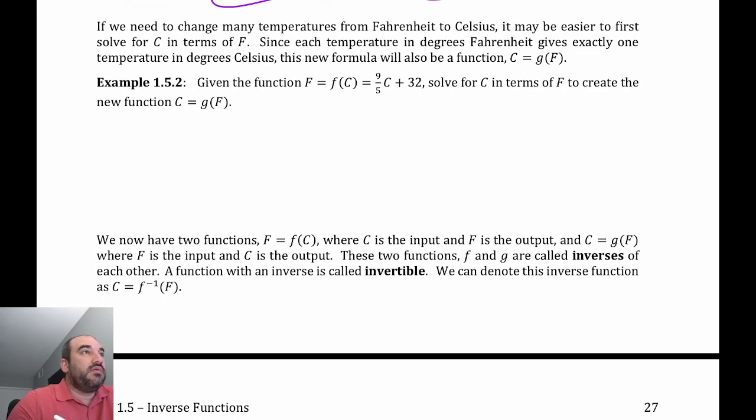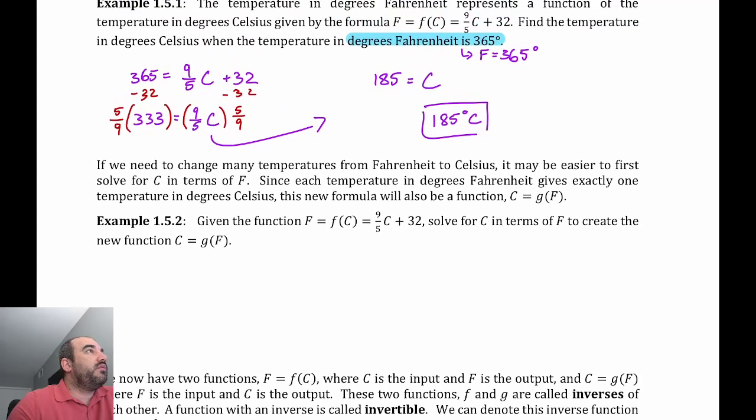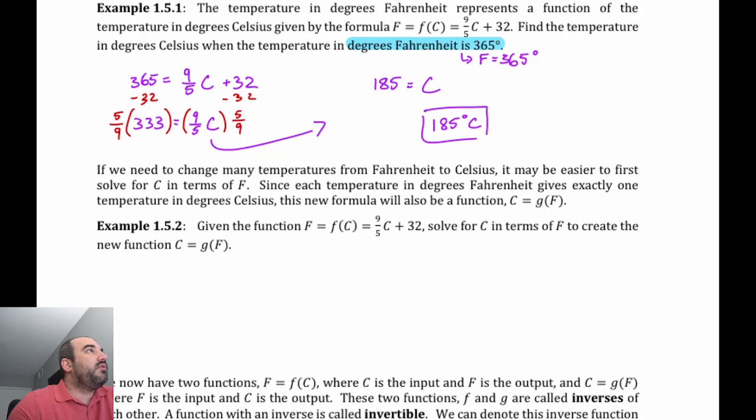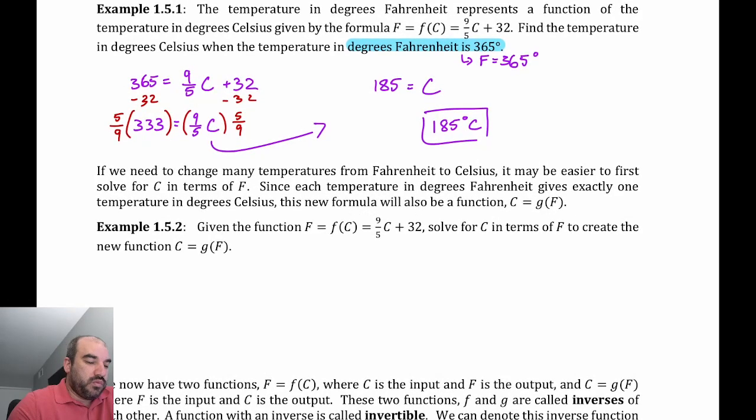Why is there fractions? What does that even mean? Like those fractions, are we dividing? Where? I see those 9/5s. What are those supposed to be? That's multiplication. So when I put parentheses like this and I put a 5/9 next to it, that means we're multiplying by 5/9.